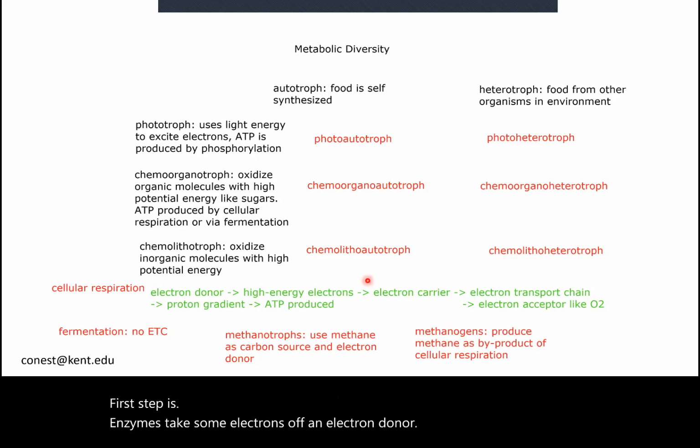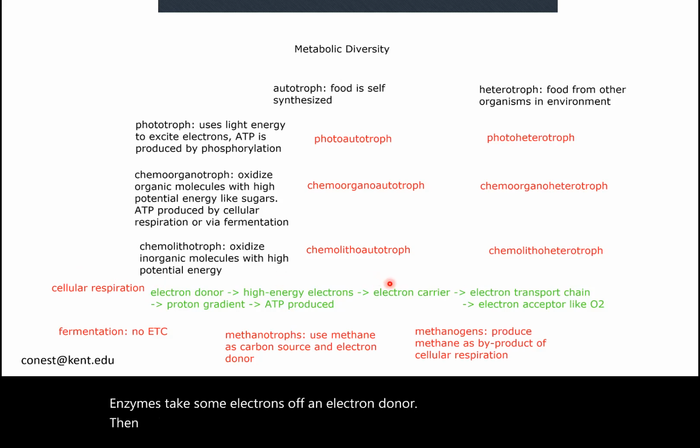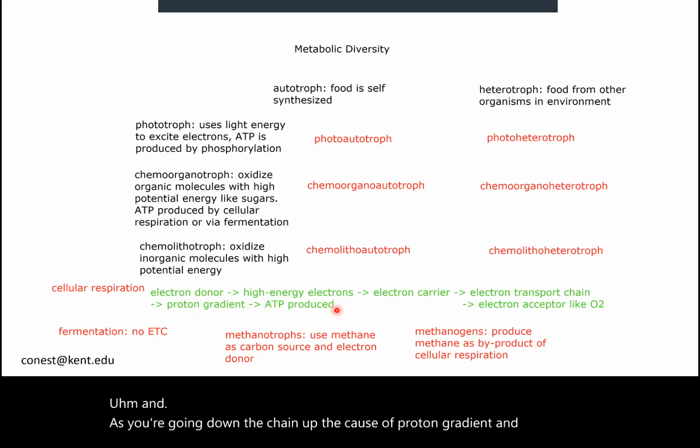Then they slap them on an electron carrier. These electrons go down the electron transport chain. As they're going down the chain, they cause a proton gradient, and that leads to ATP production.